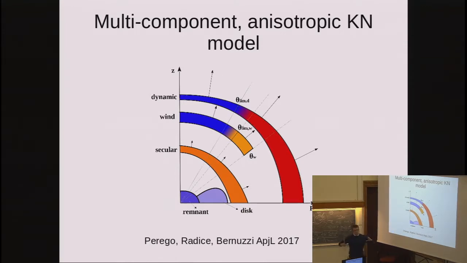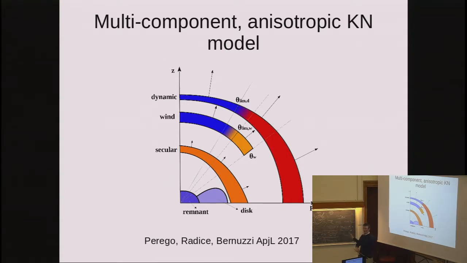And then we put everything together. By the way, this is a spherically symmetric model, and I told you that kilonova is not a spherically symmetric thing. So how did we go from something spherically symmetric? We just discretize the angle in several bins, and within each bin we solve a 1D problem.